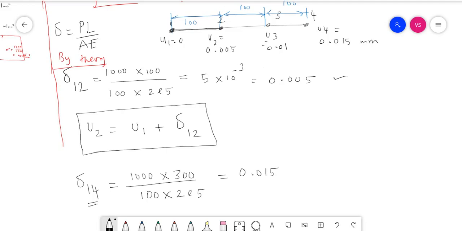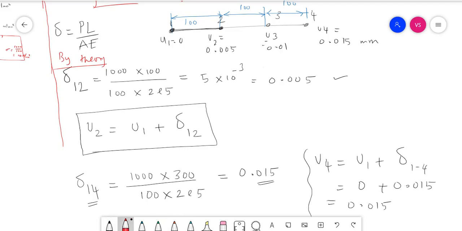But what is u? If you apply this equation, I can write u4 is u1 plus delta 1 4. Again, I know u1 is 0. Delta 1 4 I found to be 0.015. So u4 will be 0.015.